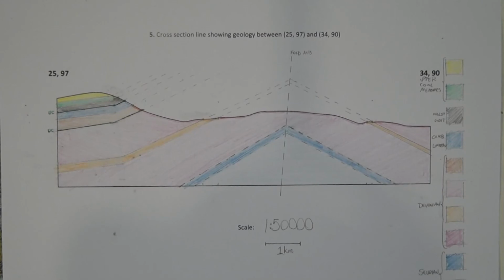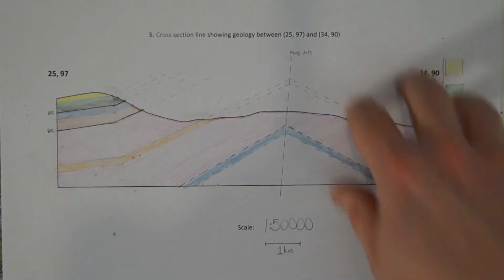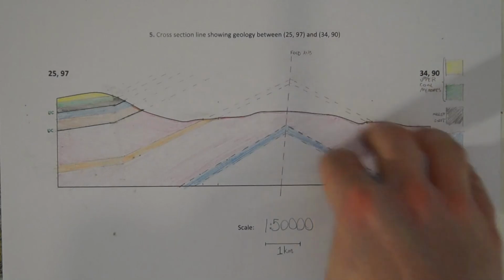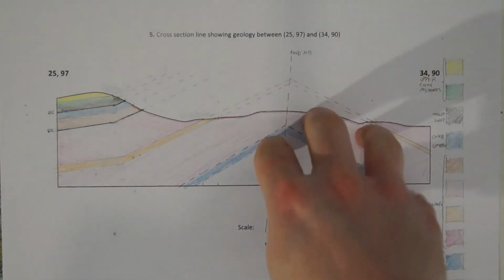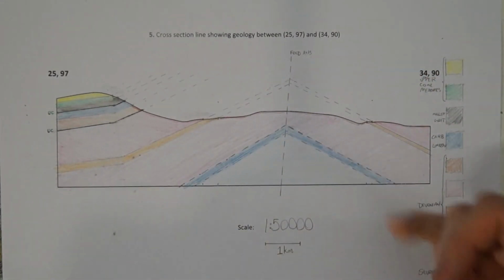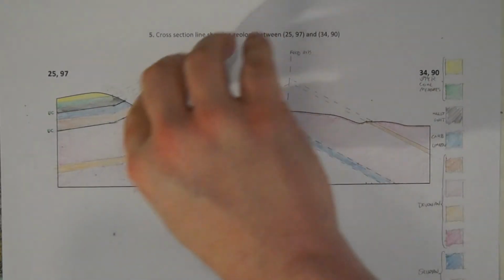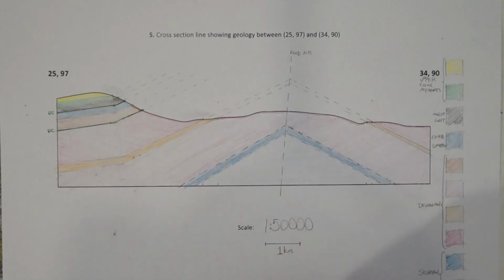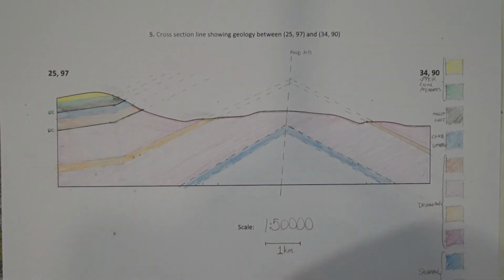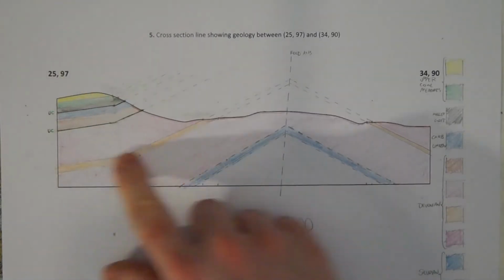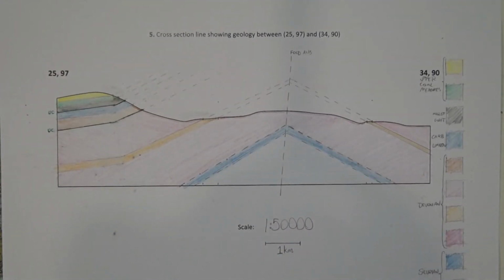Okay, so looking at our cross section then, I think we can be pretty happy with it. We've got a realistic representation of our fold, which is true to the dips that we've recorded on the map. We haven't had to fudge anything. We've just shown how the dip could change from 25 degrees to 5 degrees on this limb of the fold. We've kept our rocks as a constant stratigraphic thickness, and we've shown the different stratigraphic relationships between them.